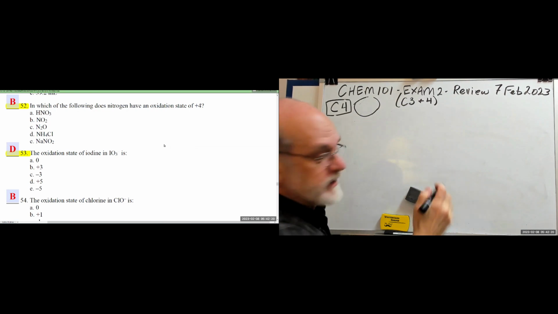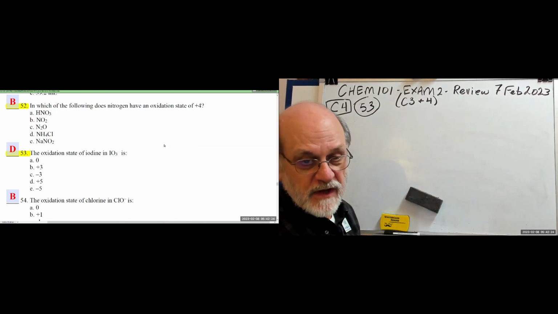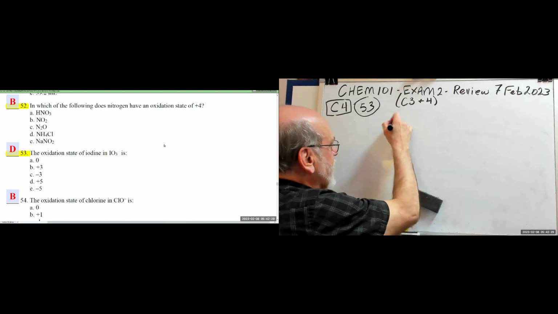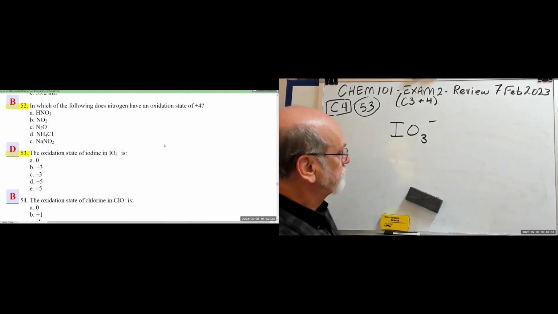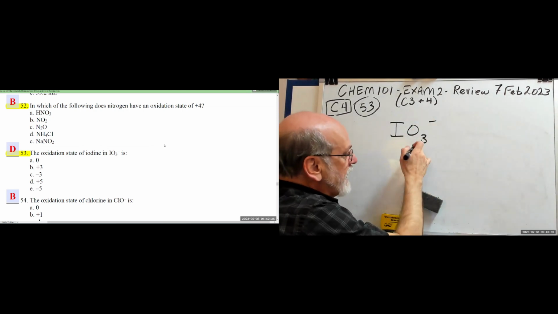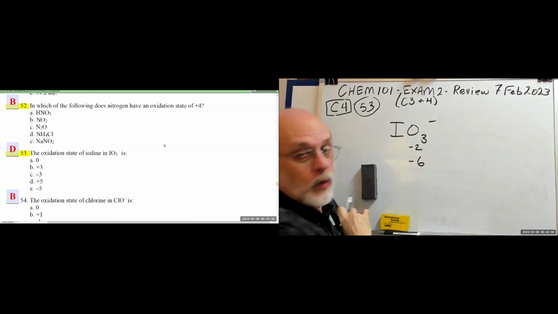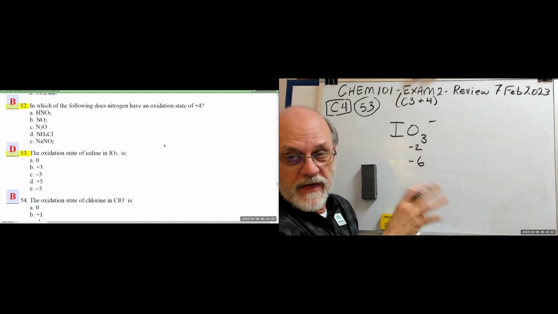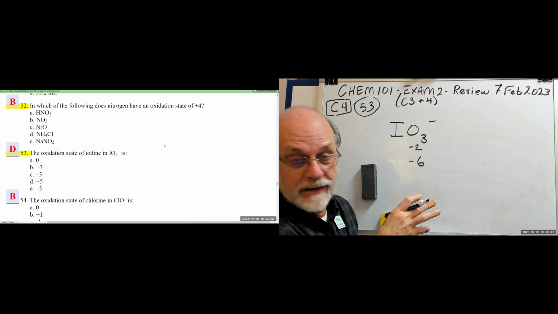All right, 53. 53 simply asks, what's the oxidation state of iodine in IO3 minus? There's -2 for each one of these oxygens, which means a -6 total. But remember, the sum of all the oxidation states has to equal the charge on the polyatomic ion.